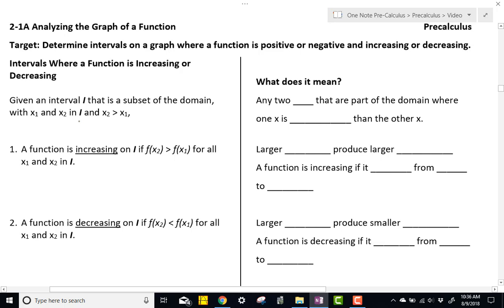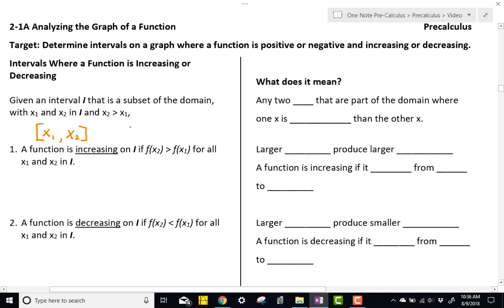When we talk about an interval, it could be brackets or parentheses depending on what we're talking about. But we're talking about some x1 all the way to some x2 in the interval, where x2 is greater than x1. So your x1 is the smaller part of the interval, your x2 is the bigger part of the interval.